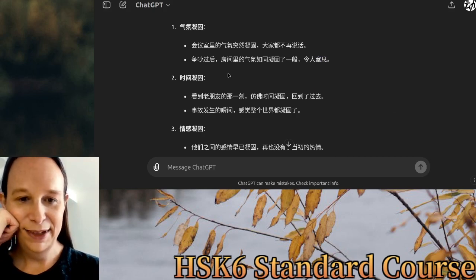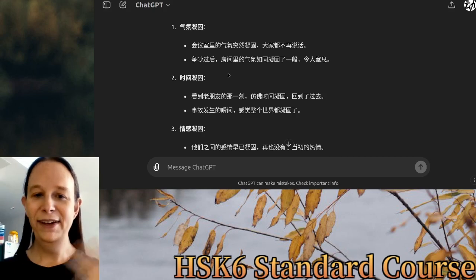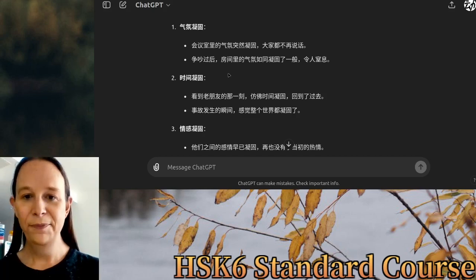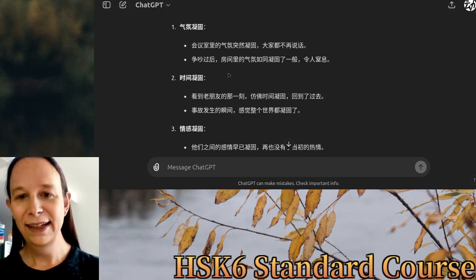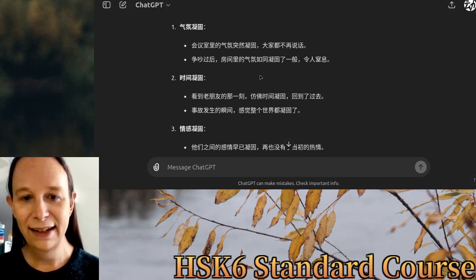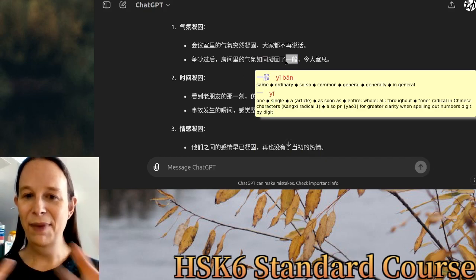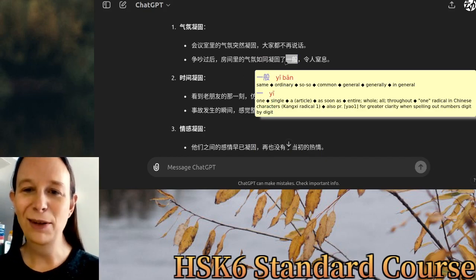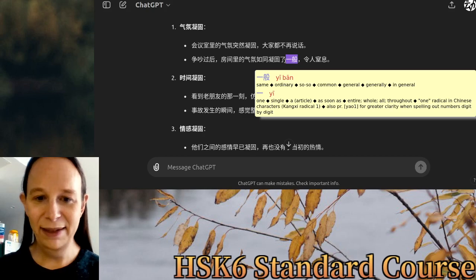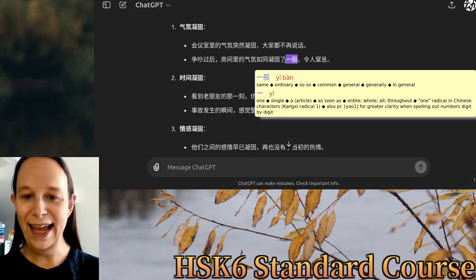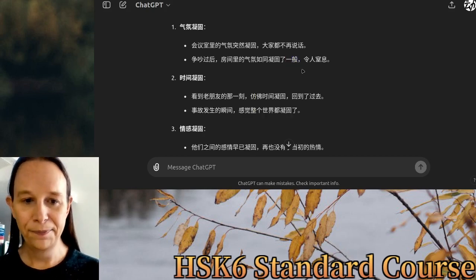After the argument, the vibe in the room was 凝固了. Maybe it's like at a stalemate. 凝固了一般, yeah, 如同一般. This 一般 is just part of the grammar structure. Doesn't mean ordinary here. Oh, maybe the same as.